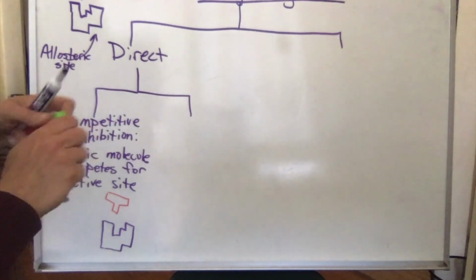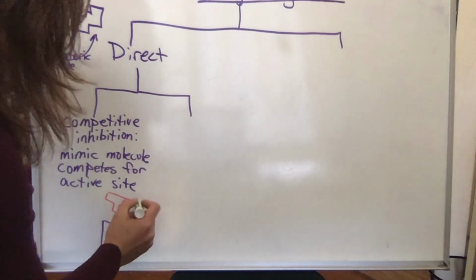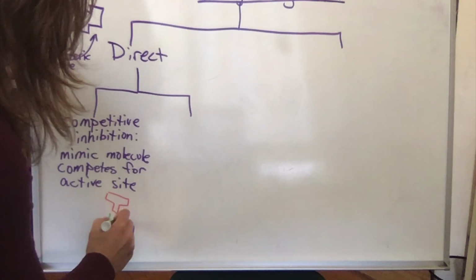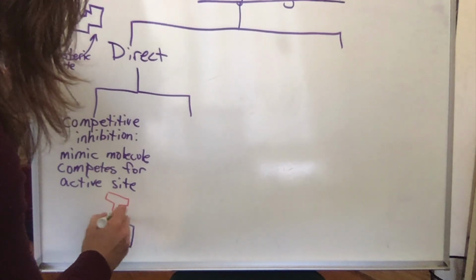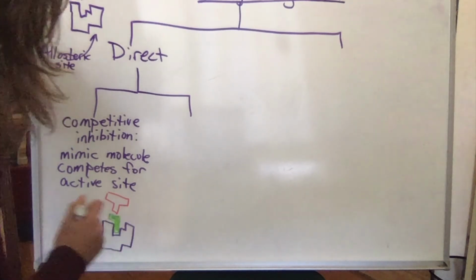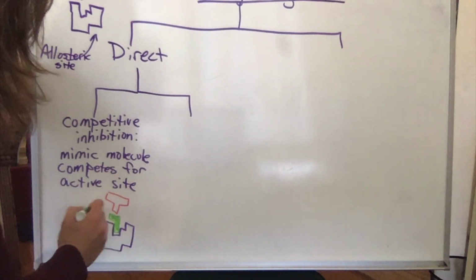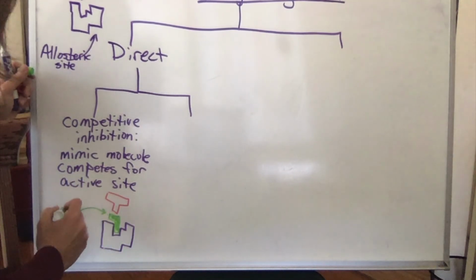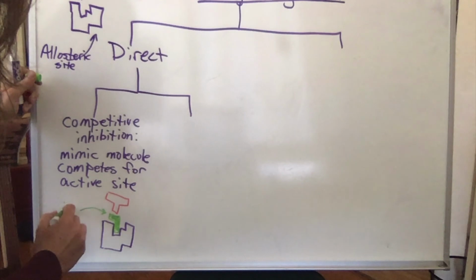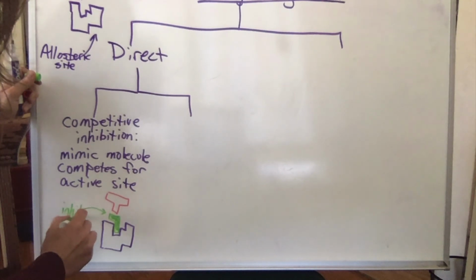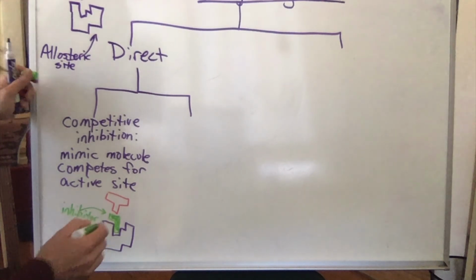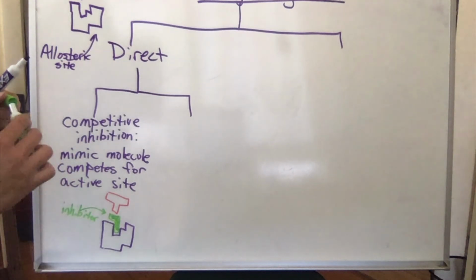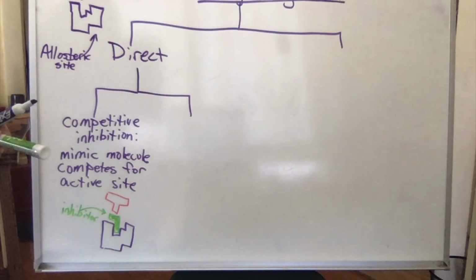Here we have a competitor that binds. Right? This is the regulatory molecule, inhibitor, that binds at the active site to prevent the substrate from binding.